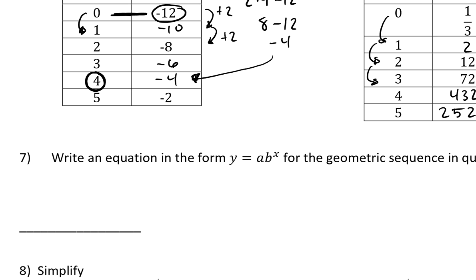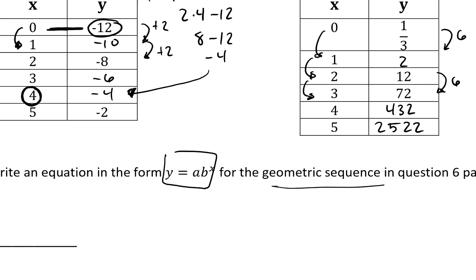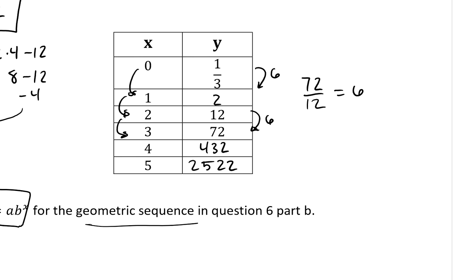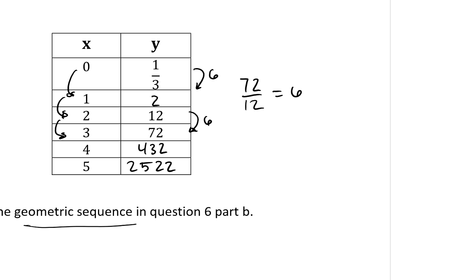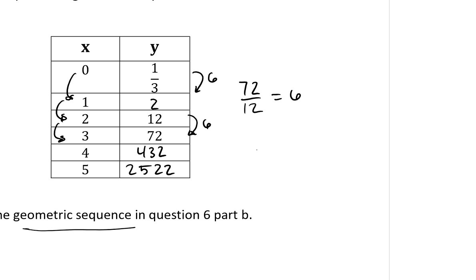This next question will do it since it's here and it's related. Question 7 says, write an equation in the form y equals a times b to the x for the geometric sequence that's in question 6, part B. So we're looking for an equation for this. Remember, I'll copy this down, y equals a b to the x.